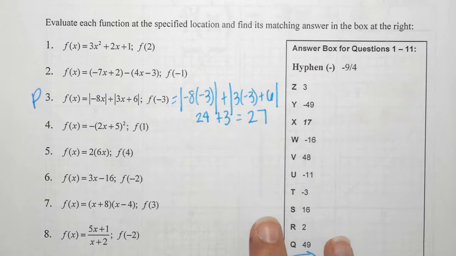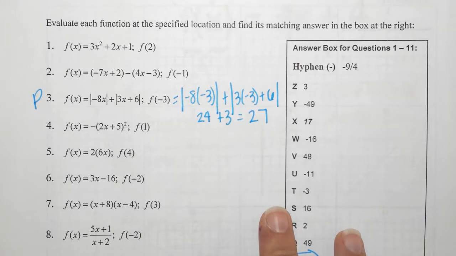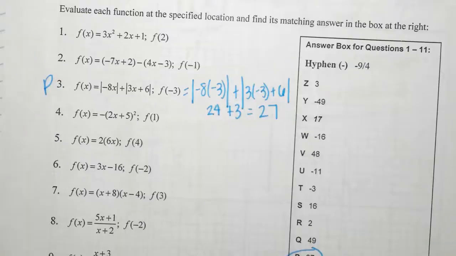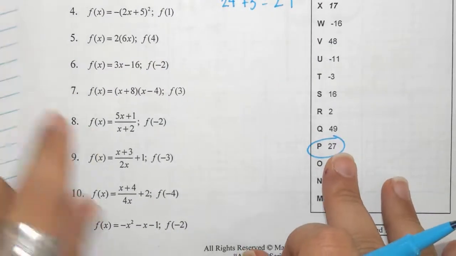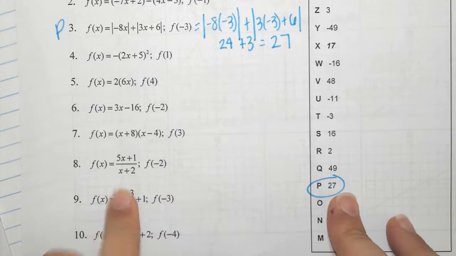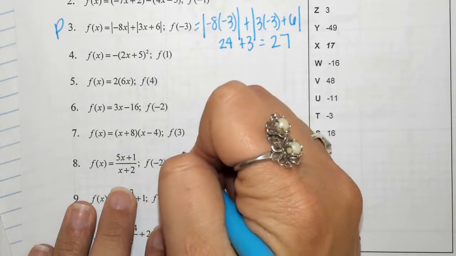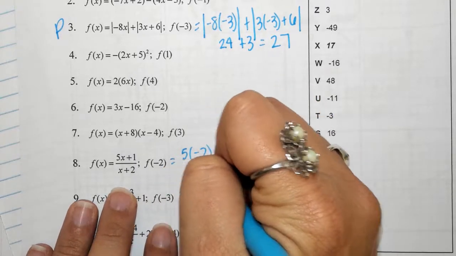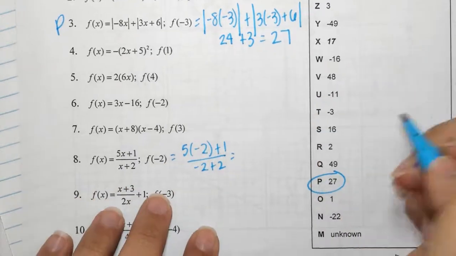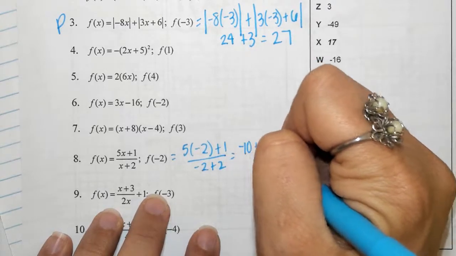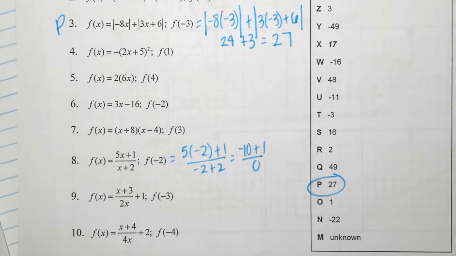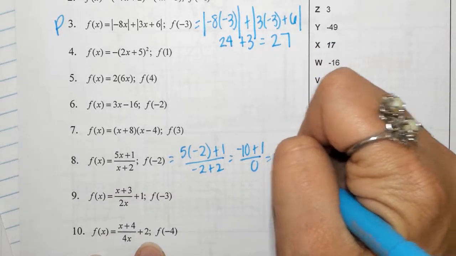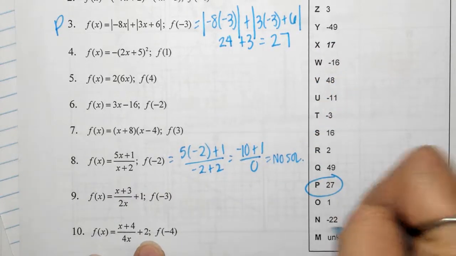Are there any others that you want me to do? 8? Okay. Oh, that's a good one. So 8, you would plug it into the top and the bottom. You would say 5 times negative 2 plus 1 divided by negative 2 plus negative 2. 5 times negative 2 is negative 10 divided by 0. Can you ever divide by 0? No. So this is no solution, which is the same thing as unknown.